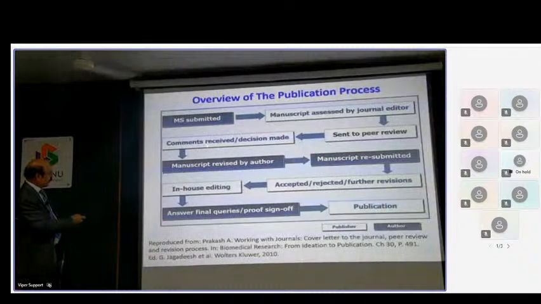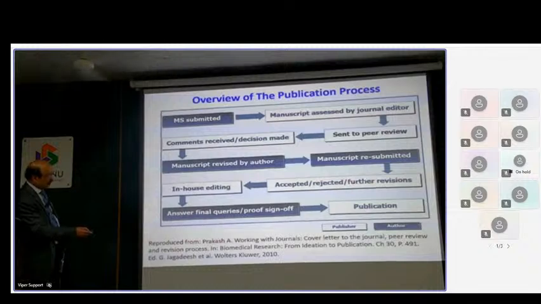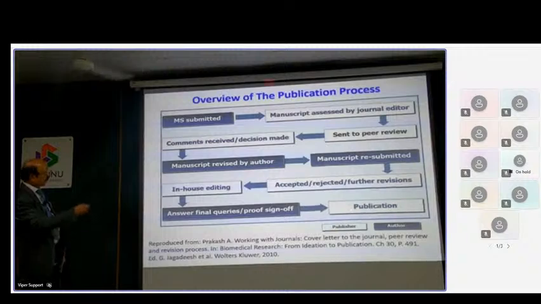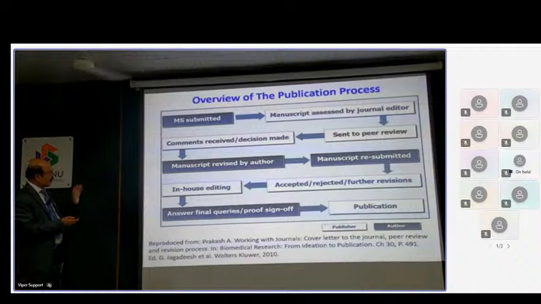And about 90% of the time, it will be revised, asked by the editor of the author to revise the paper, and then the manuscript is resubmitted, then will be accepted, rejected, or if they want further revision, second time, third time, then editing, and once everything is done properly, then it is sent for publication. So this process goes like this for every article which you submit, a tedious, step-by-step process. So you must comply with this one.